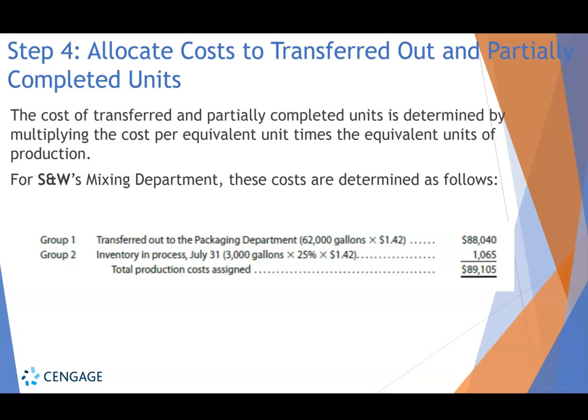For S&W's mixing department, these costs are transferred out to the packaging department, 62,000 gallons at $1.42, and in process at the end of the period, the 3,000 gallons at 25% times $1.42. So that's the total production cost that gets assigned.